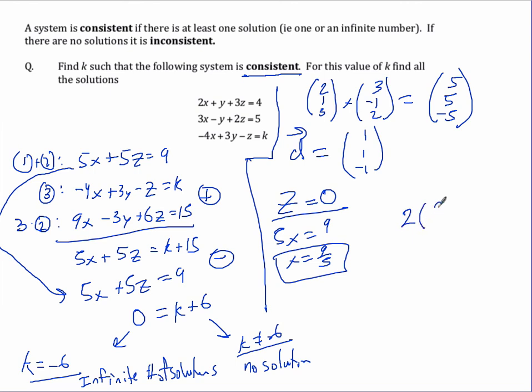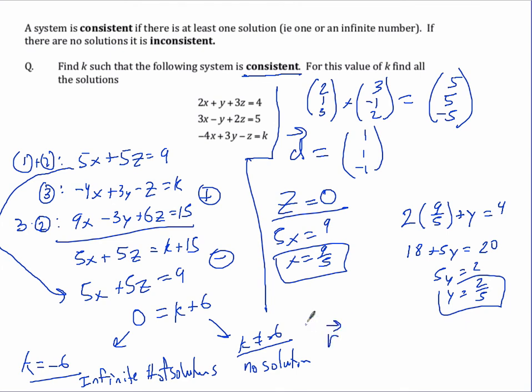So 2 times 9 fifths plus y equals 4. 18 over 5 plus y equals 4. If I multiply everything by 5, 18 plus 5y equals 20, 5y equals 2, y equals 2 fifths. Okay, so the equation of the line of intersection is r equals (9/5, 2/5, 0) plus t or lambda, whatever you want, (1, 1, negative 1).